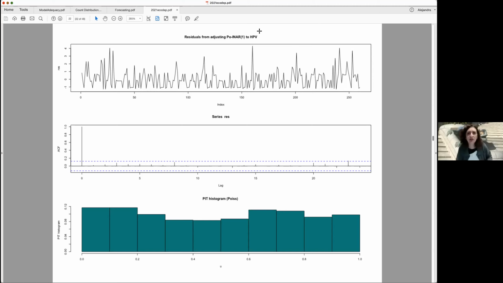Pearson residuals are the x minus the expectation. Let me show you. Let me write down what the Pearson residuals are, because I didn't write it down.